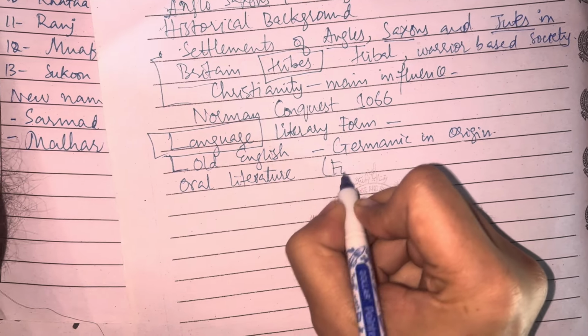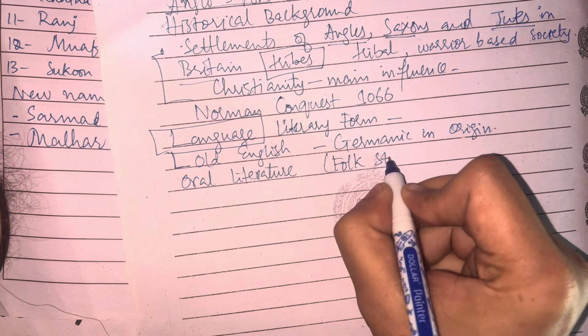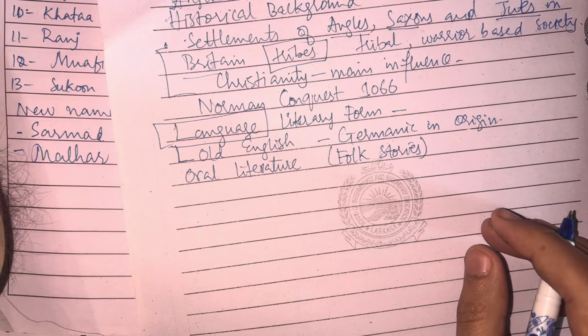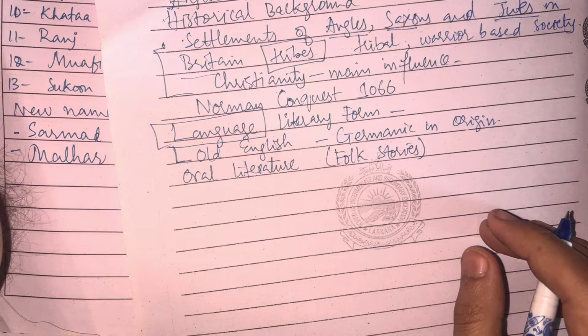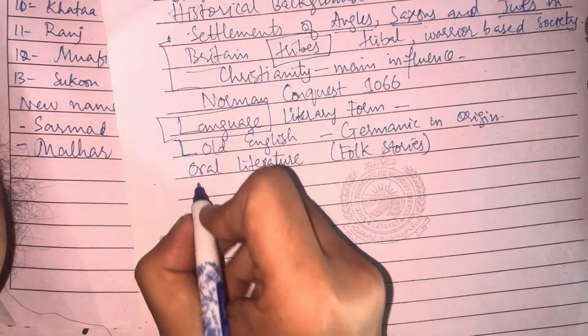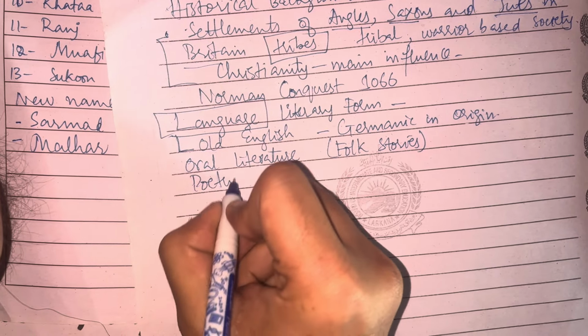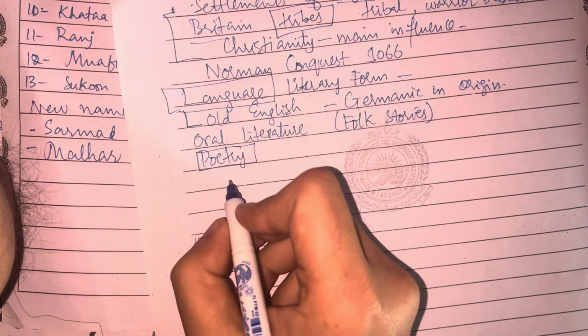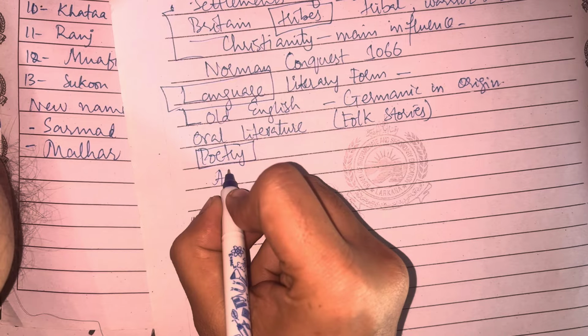including folk stories, and the poetry of this particular period included alliteration, which means repetition.